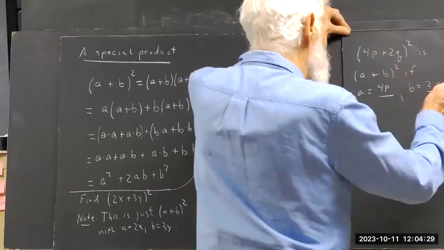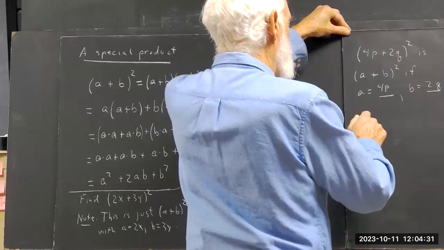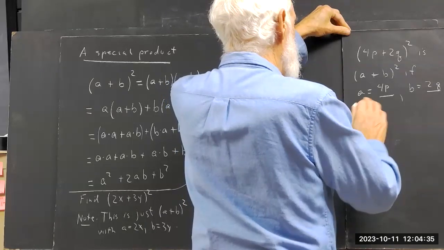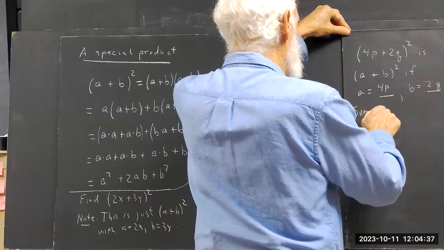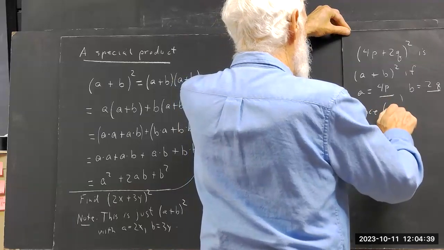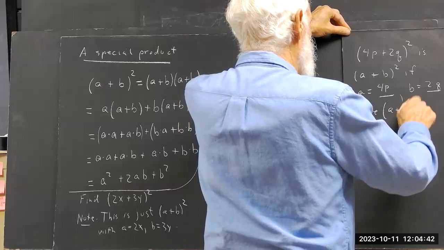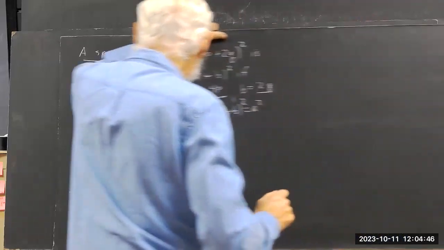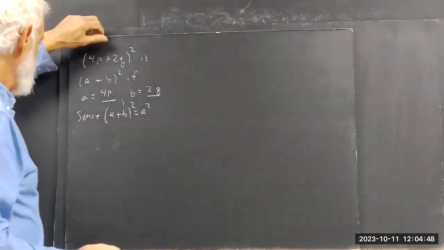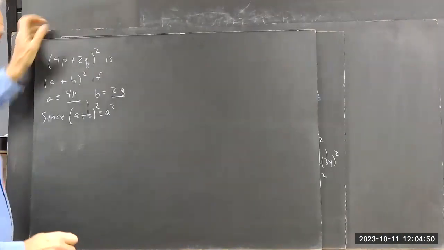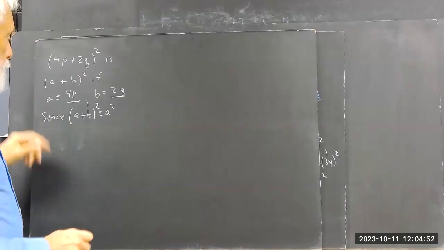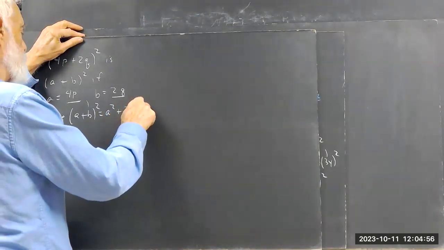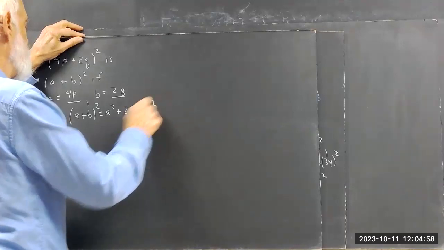So a plus b quantity squared. Let me do it over here. The camera will have a better angle over here. Okay. This is a squared plus 2ab plus b squared.